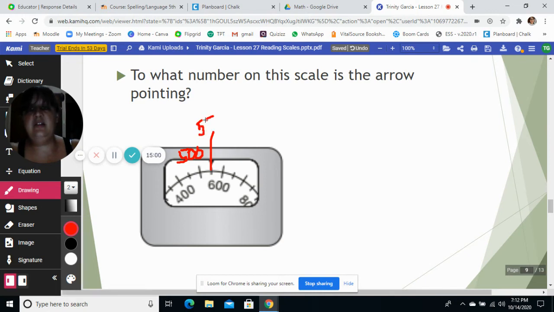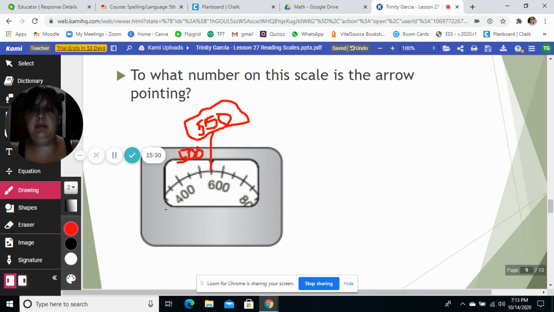Okay, so as you can see, number lines are used all the time for all sorts of different things, and you don't even think about it. But now we want to make sure we know how to read them and read them properly. So if I sent you outside and said, please tell me what this gauge on the side of the building is reading, and you came back and told me, oh, it says 650, but it really says 550, we might have some problems with our communication.